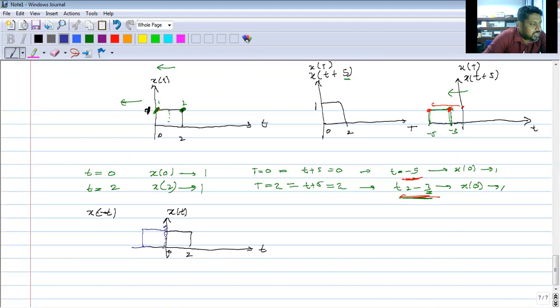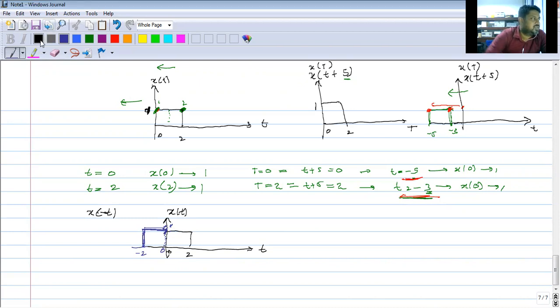No, this is 0 to -2. So this is the image of this signal. If we put a mirror here, you can get this kind of image. So this is the mirror image. Very easily you can get it. But we will see what happened.